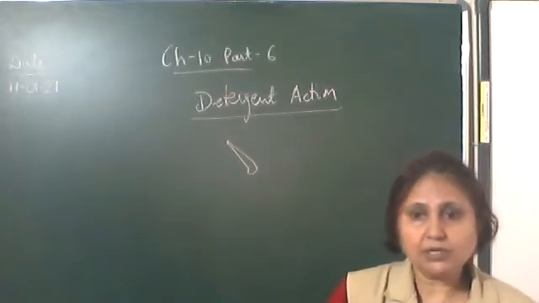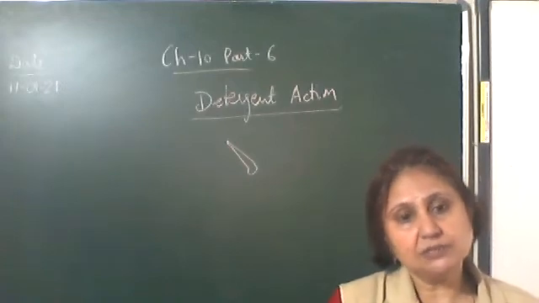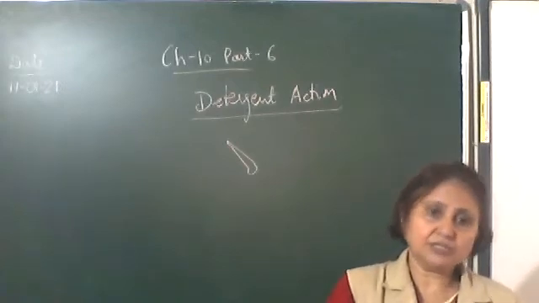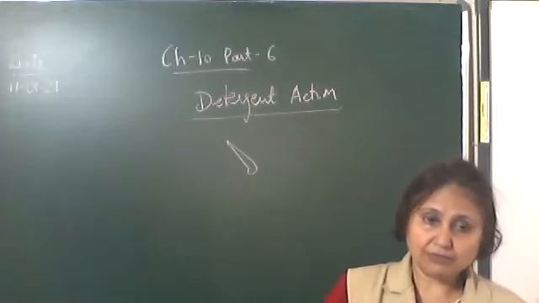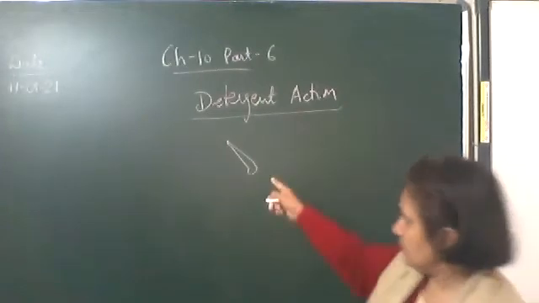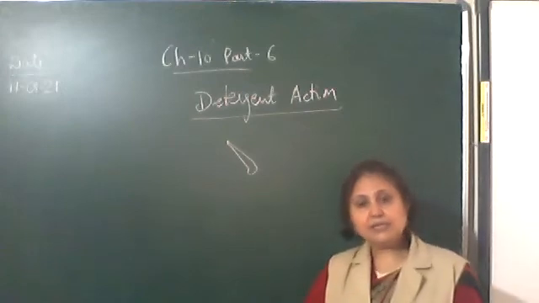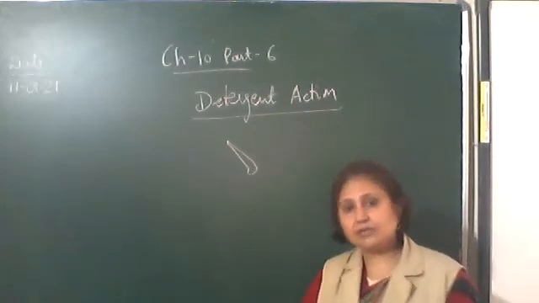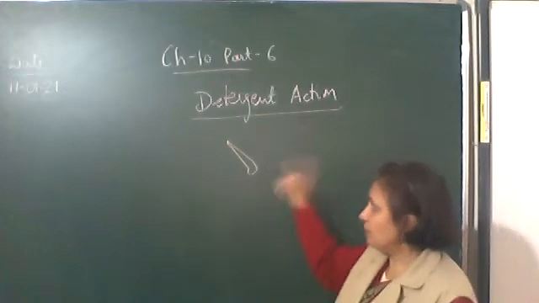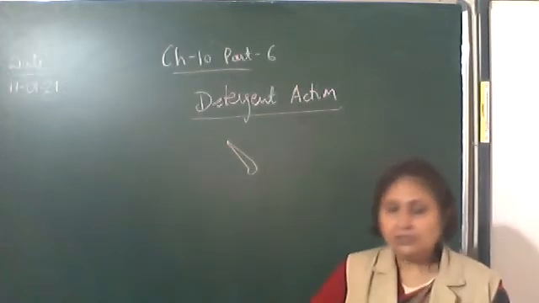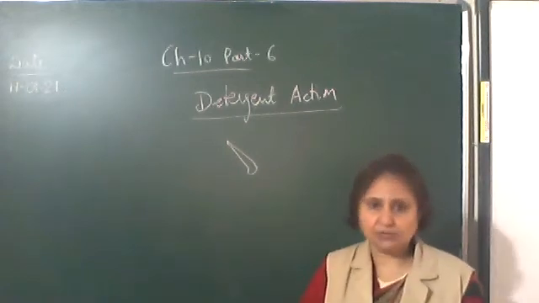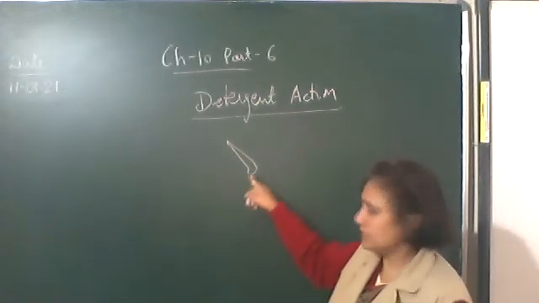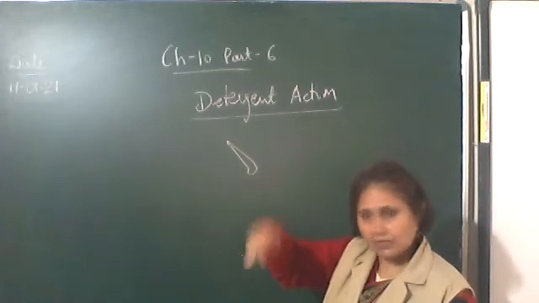The plain water cannot come in contact with the grease or the stain or the dirt. Why? Because the angle of contact is much more. So that is why the plain water molecules cannot come in contact. But now when the dirty cloth is dipped in the detergent dissolved in water, all these heads are floating on the surface of the water.